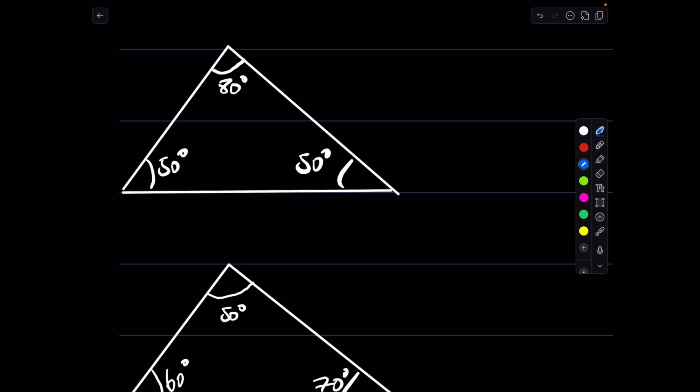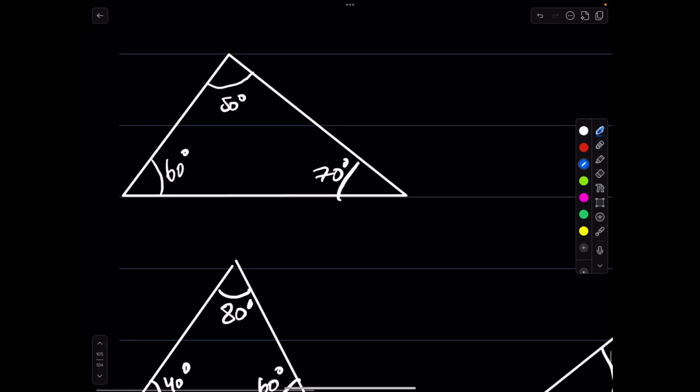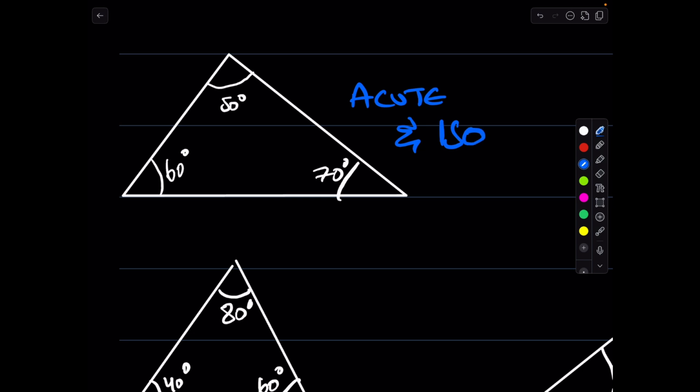All angles are less than 90 degrees, thus this triangle is acute, and this has two equal angles of 50, thus this is also isosceles. Then we have this, where all angles are different and all angles are less than 90 degrees, thus this triangle is acute and scalene.